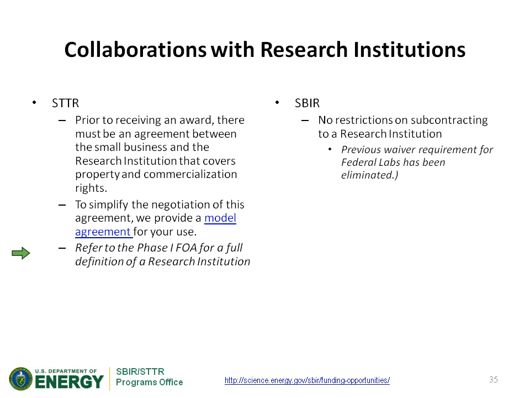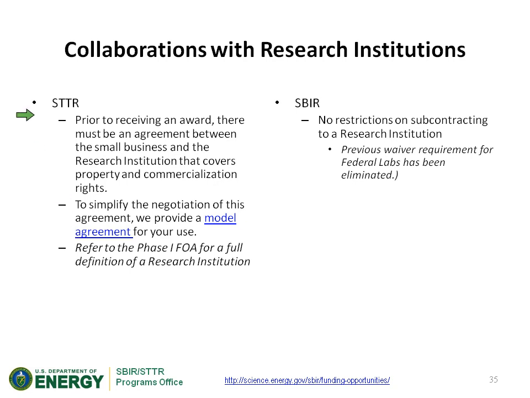And when you're collaborating for STTR, we are required by statute to ensure that the small business and the research institution have an agreement in place that covers your intellectual property and commercialization rights. If you don't have that in place, we cannot make you an award. So if you're not familiar with that type of agreement, we do have a model agreement on our website that you can look at.